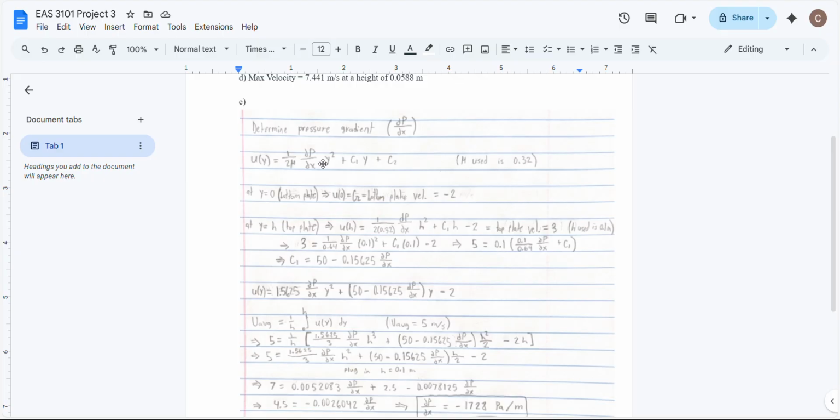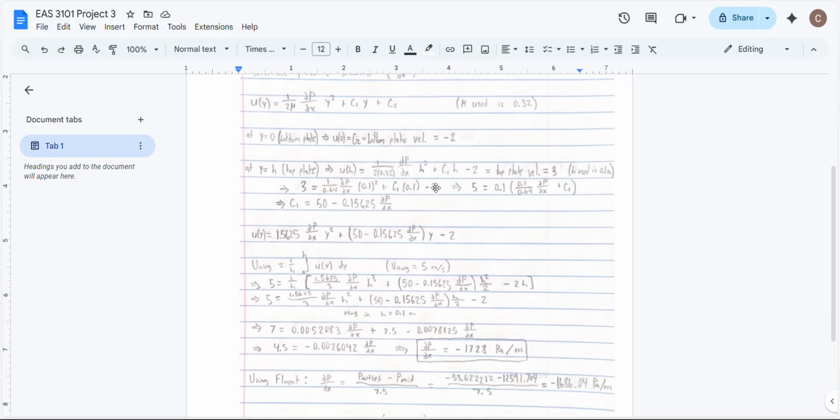Plugging y equals 0 into this velocity profile will leave us with C2, so C2 will equal negative 2. Now if we set y equal to h and plug that in, we'll be left with this.